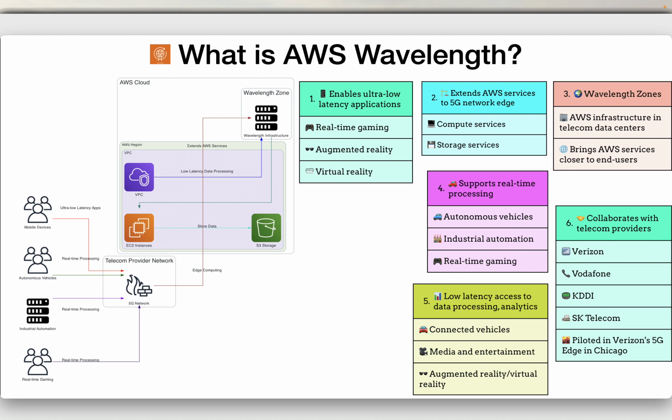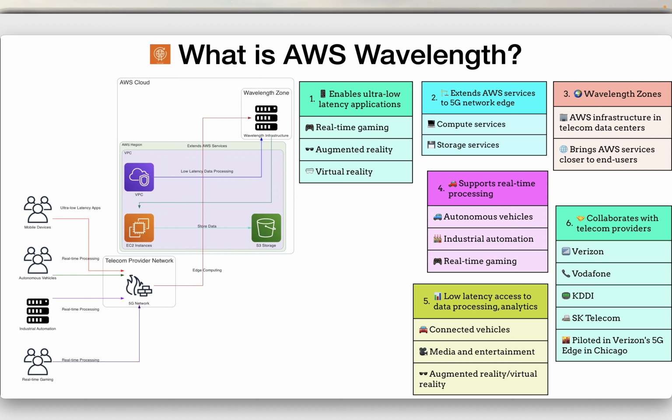But to summarize, Wavelength is AWS working along with telecom providers so that they can set up their infrastructure close to their data center, or just next to them. For example, when your mobile devices or gaming devices want to connect, they come out of the 5G network and immediately reduce some network hops, and they can immediately go to, let's say, EC2 running on a Wavelength zone, so it will not have to travel so much in the network.